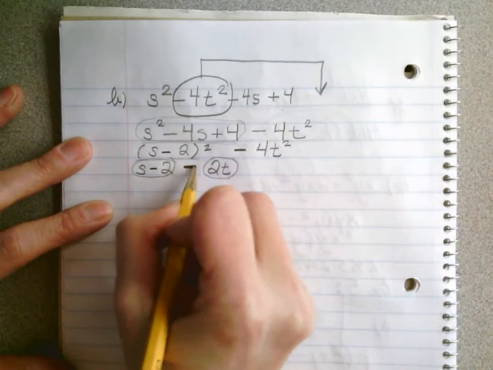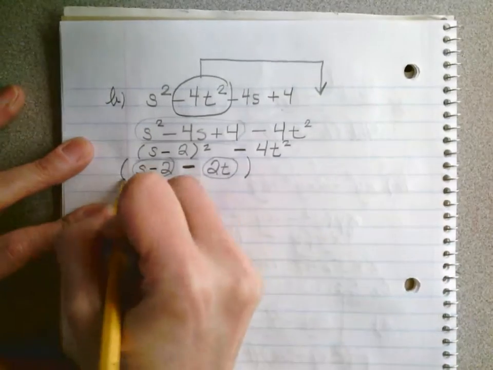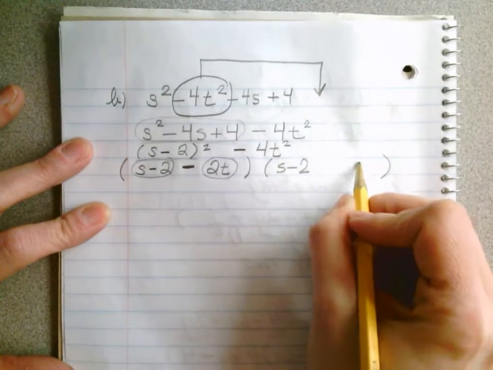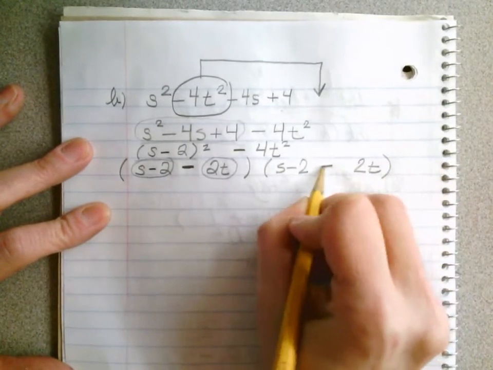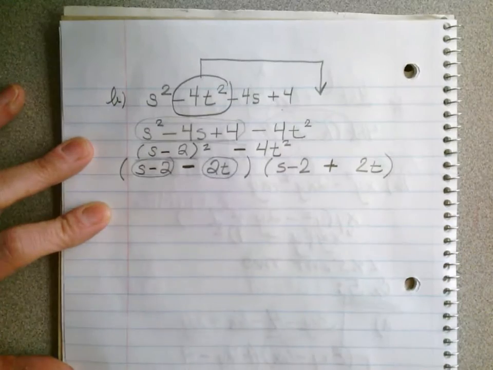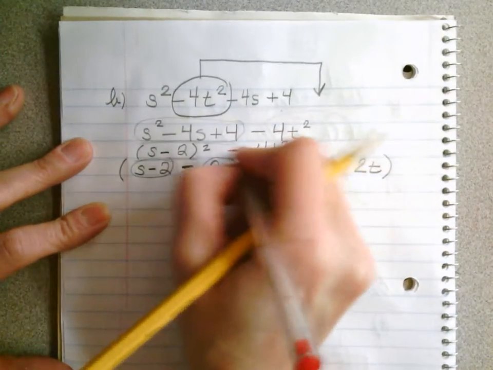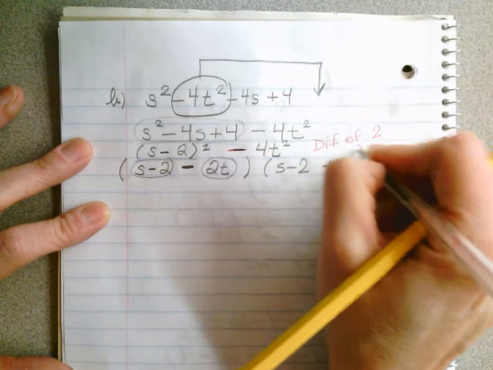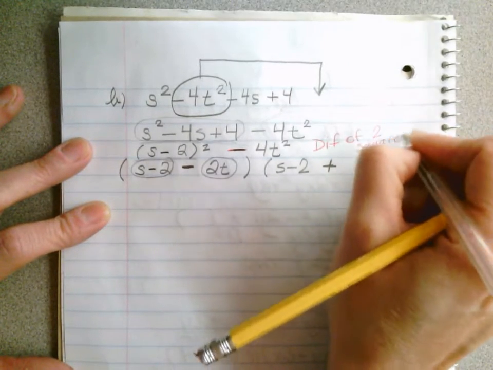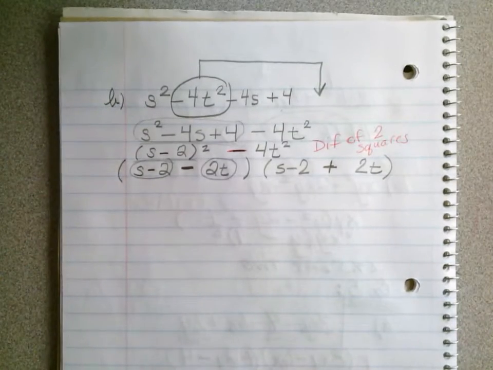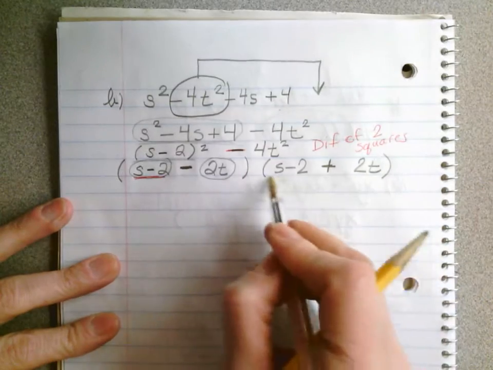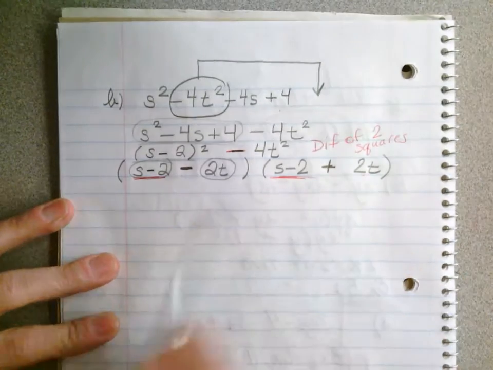Separate it by a minus. And again, square root, and plus. This is the difference of 2 squares now. Yeah, mind blown. Square root minus square root plus square root, right?